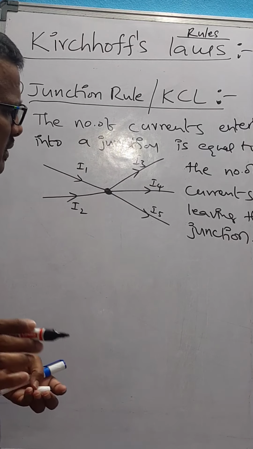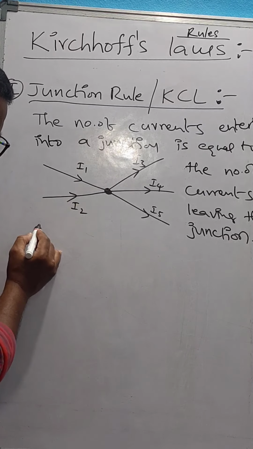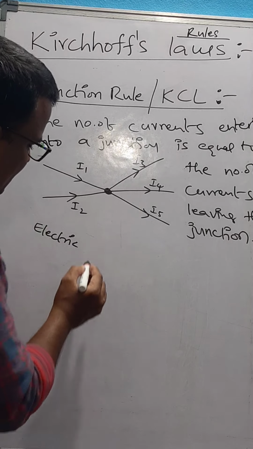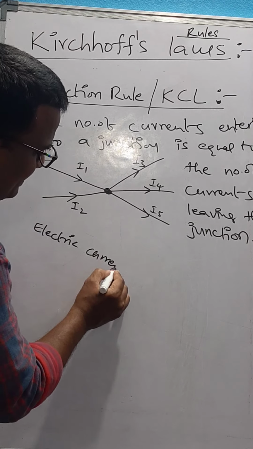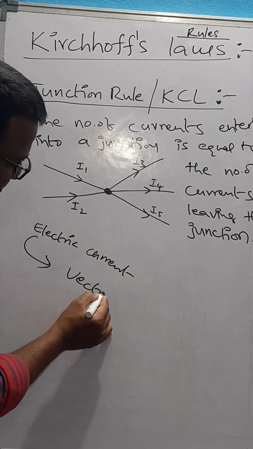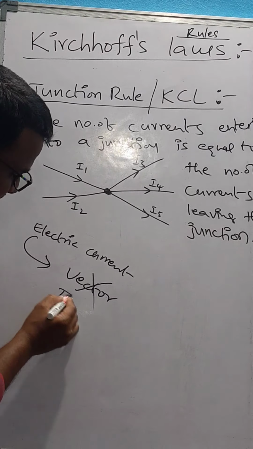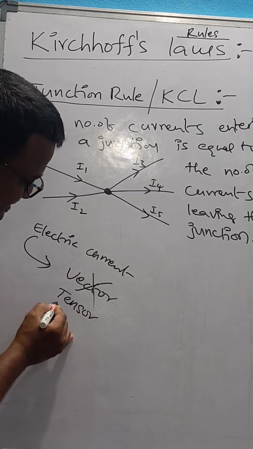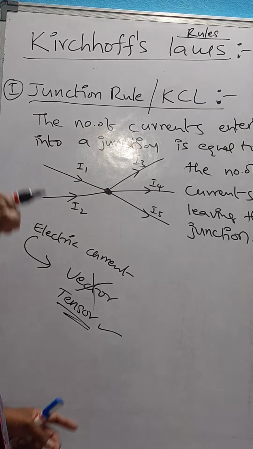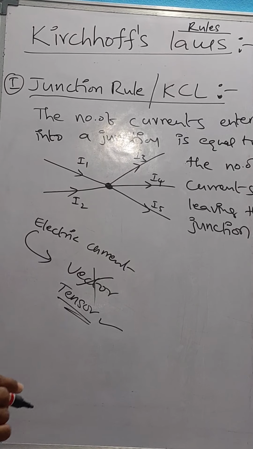Here you must remember one point. Electric current is not a vector. Electric current is a tensor quantity.